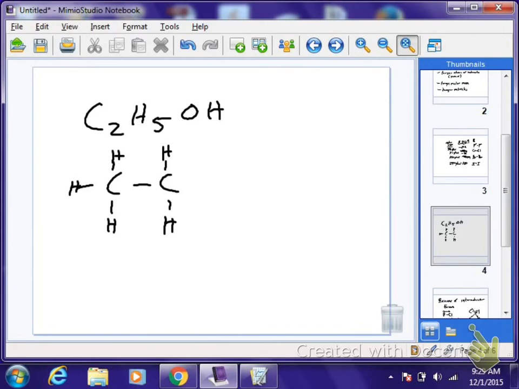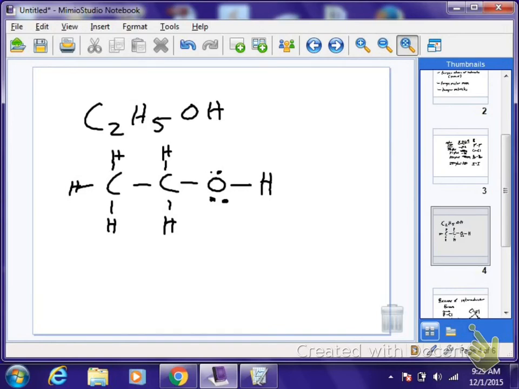C2H5. Now the OH tells you it's off the end because the H is not with those 5. O and H are bonded together. So we'll put a bond O. We'll show our 2 unshared pairs of electrons off of that O. And then we'll show bonded to H. So that's ethanol.